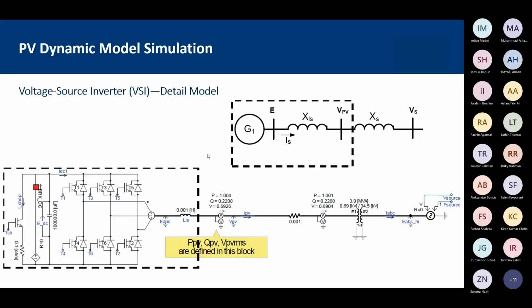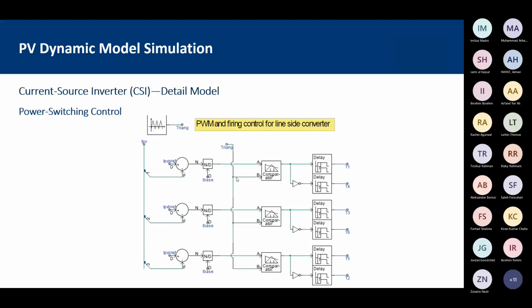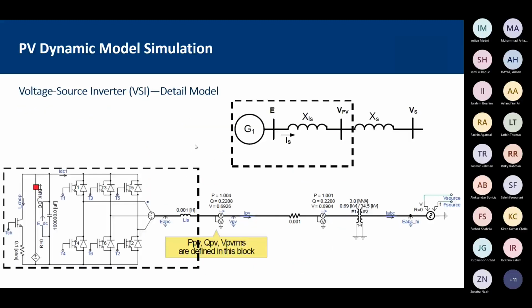So this is a voltage source inverter. The current source inverter is, I would say, probably the most widely used type of inverter, especially with these grid connected systems. So we mostly use the current source inverter model, but we can model the voltage source inverters as well. In this case, you need to provide a constant voltage source.